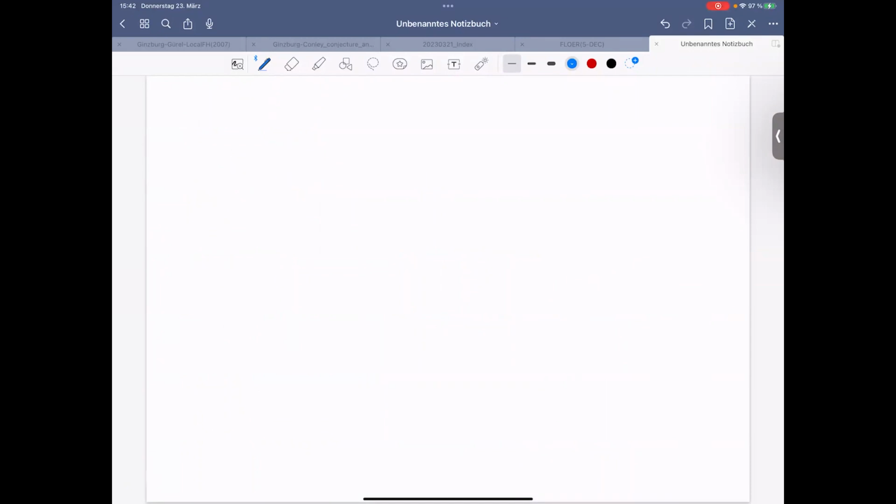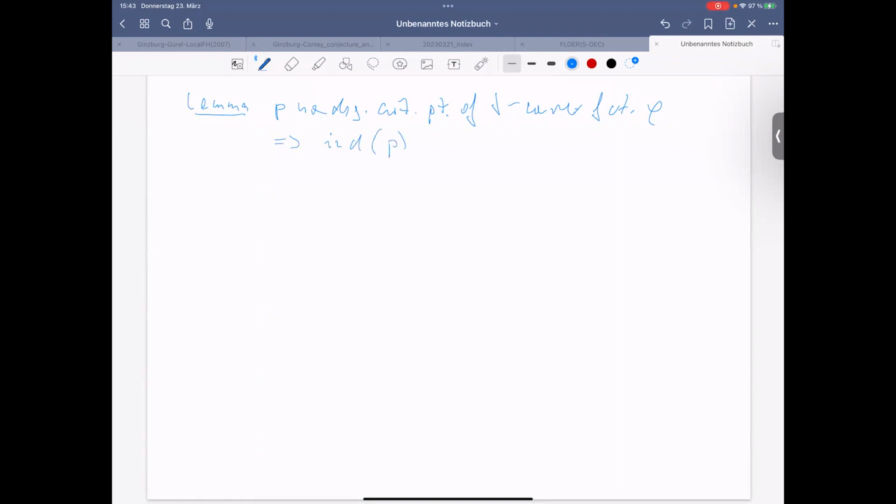The following lemma plays an important role in everything that follows. If p is a non-degenerate critical point of a J-convex function phi, then the index of p with respect to that function is less than or equal to n.